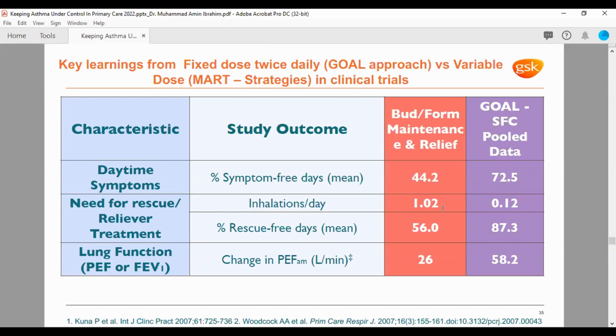In contrast, those using MART therapy require at least one extra reliever per day. Better rescue-free days about 87%, in contrast only 56% in MART therapy. And obviously, the lung function test is much better in those using ICS LABA combination on the regular basis.